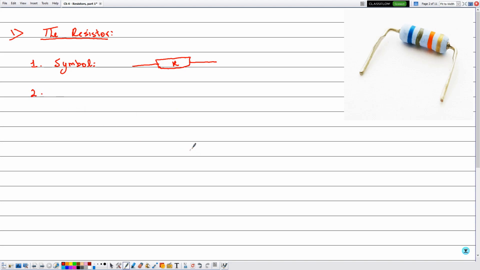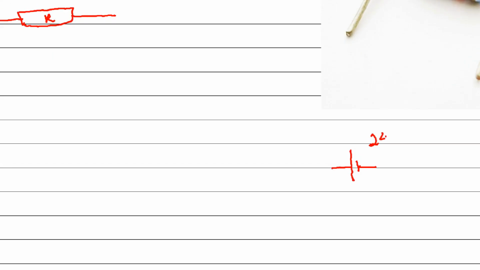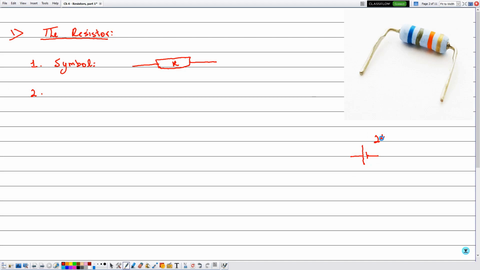Now idea number 2. Then what's the reason behind the invention of the resistor? Let's consider the following problem. Suppose that we have a battery and the voltage of the battery is given by, for example, 12 volts. And to this battery, we connect a lamp directly to the battery.